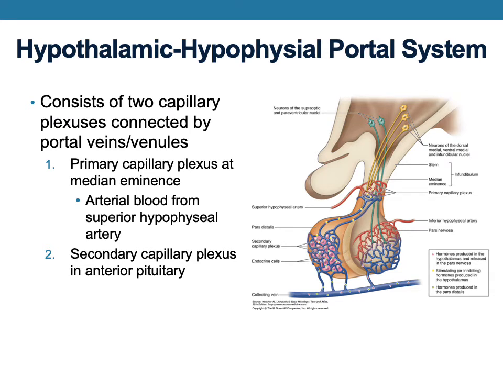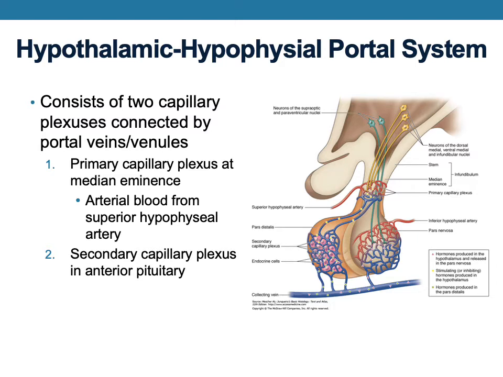The hypothalamic hypophysioportal system is the vascular system that transports hormones released by the hypothalamus to the anterior pituitary. The hypothalamic hypophysioportal system consists of two capillary plexuses connected by portal veins or portal venules. The first and primary capillary plexus is located at the base of the hypothalamus called the median eminence.